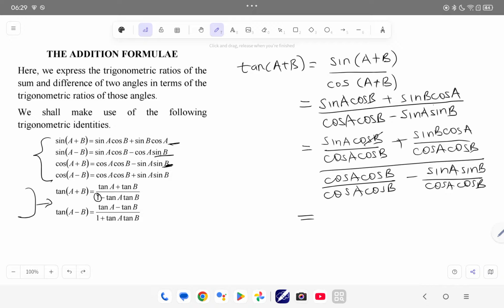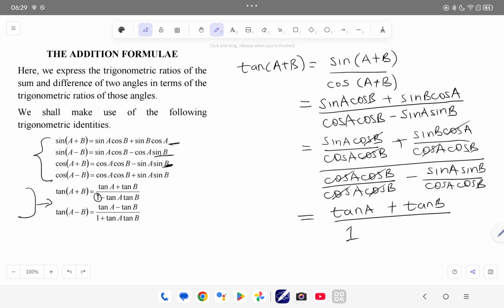Now cos B goes with that. Sin A over cos A is tan A plus cos A goes with cos A. Sin B over cos B, we get tan B. This goes with that. This goes with this. We remain with the 1.